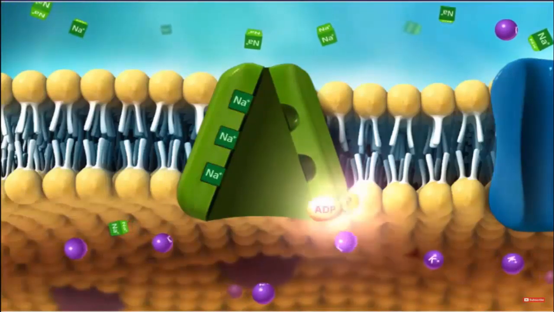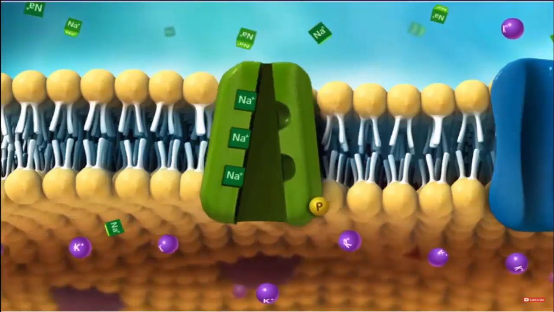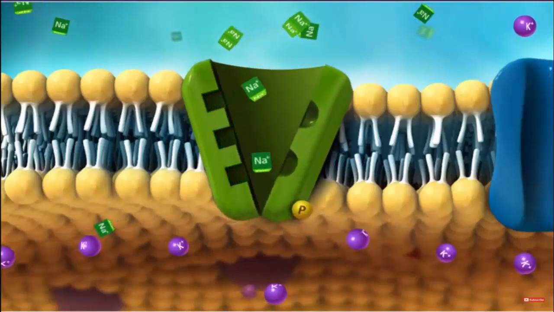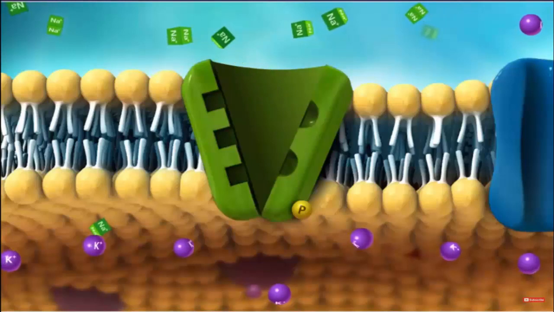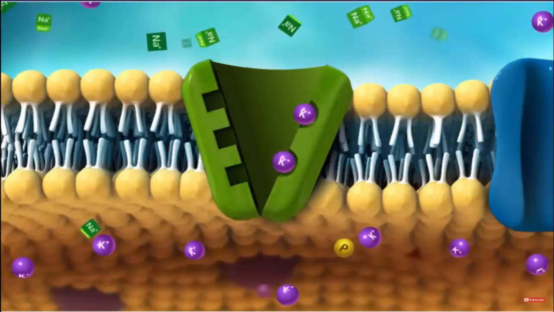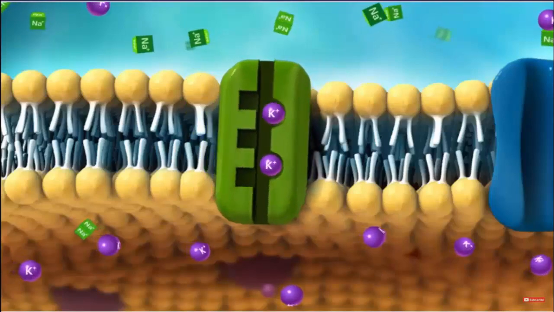ATP fuels the pump in the movement of these ions from low to high concentrations, moving sodium ions outside of the cell where they become concentrated and bringing potassium ions into the cell where their concentration is higher relative to the outside.